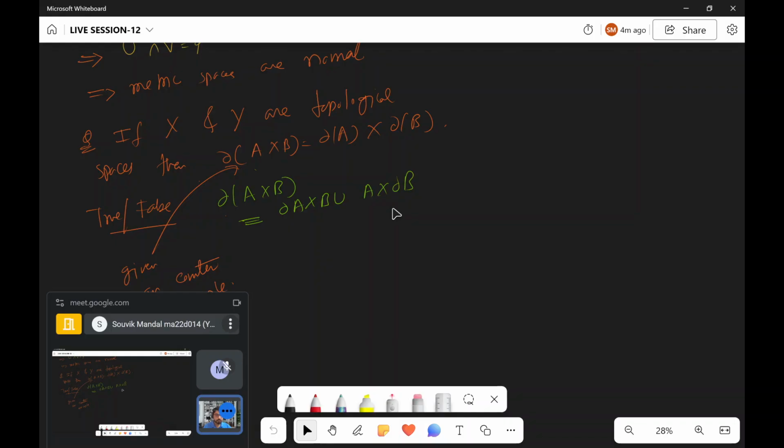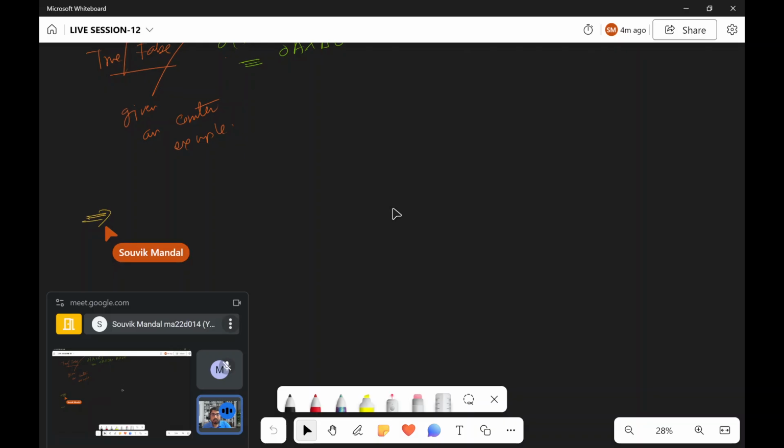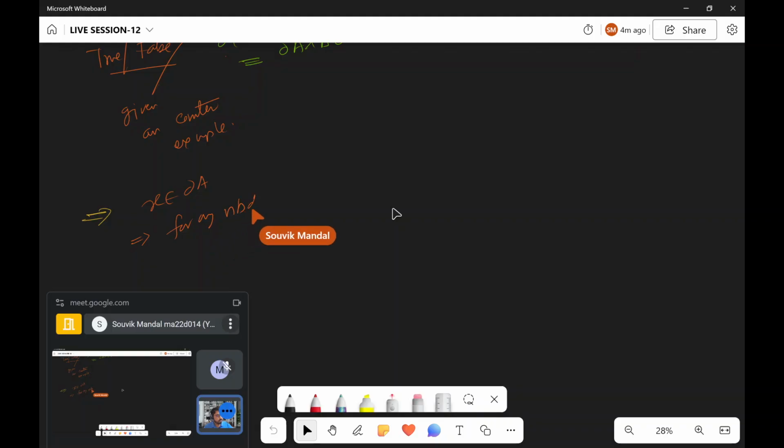So the definition of boundary is that x belongs to the boundary of A implies that for any neighborhood U of x, U intersection A is non-empty and U intersection X minus A is non-empty. This is the boundary definition.